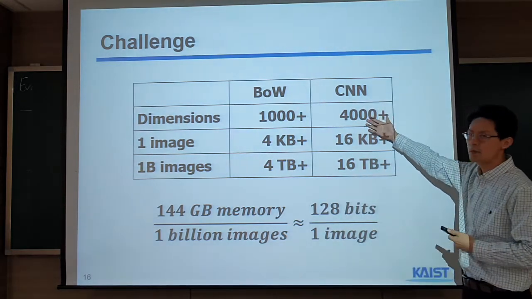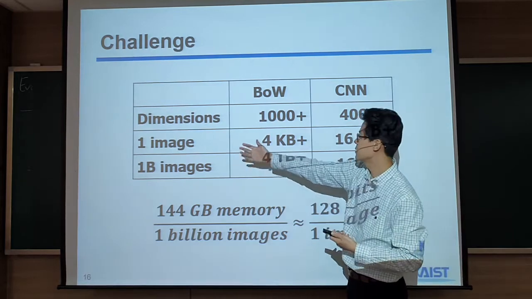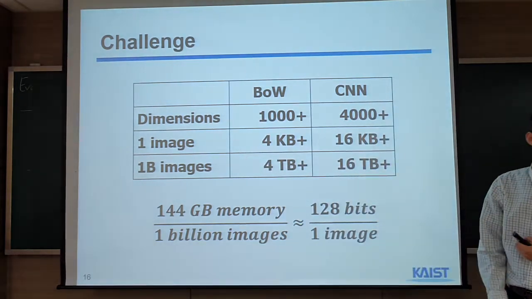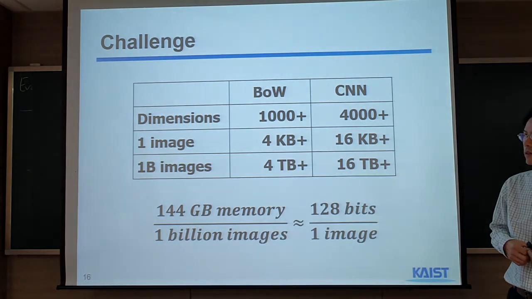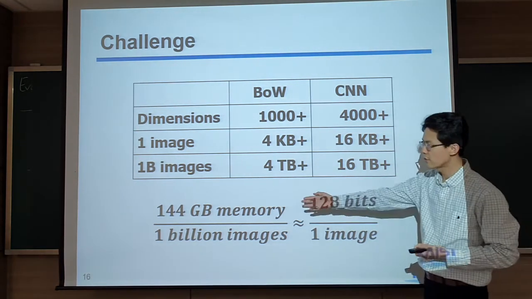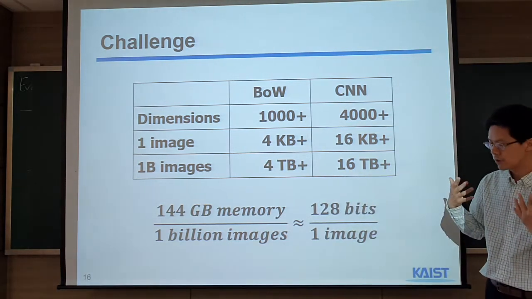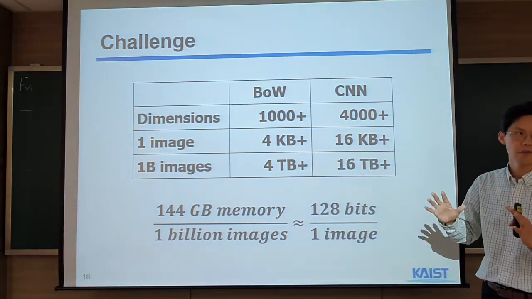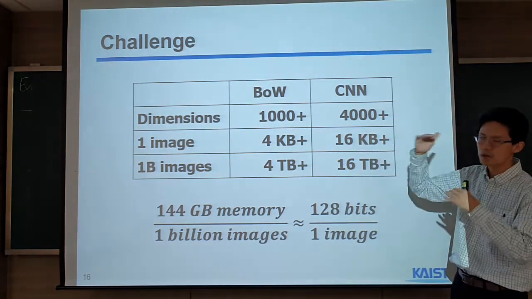CNN has more than 4,000 dimensions, and if you have 1 billion images, then it means 16 terabytes actually, which is a lot. So in my lab, some of the servers have 144 gigabytes, right? If we want very fast search performance, we should keep those descriptors in memory, right?